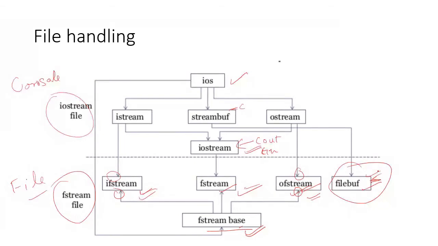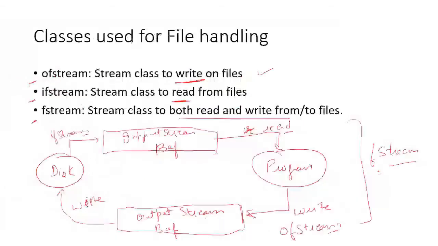And for file specifically, if I am only doing the output, or write to the file which is supposed to be stored on the disk, then ofstream is to be used. If I'm going to read from the file which is already there on the disk, then I'm going to use ifstream. If I'm doing both operations, then fstream is the one object that is supposed to be utilized.